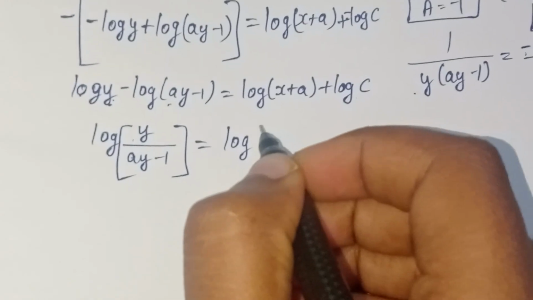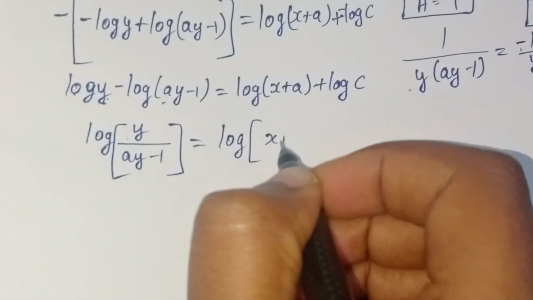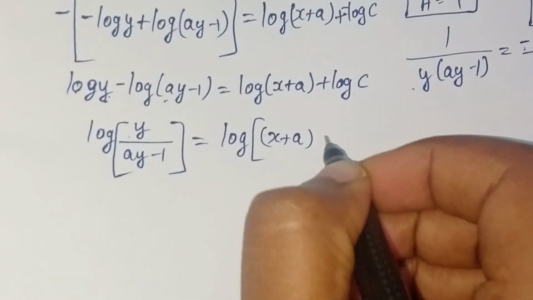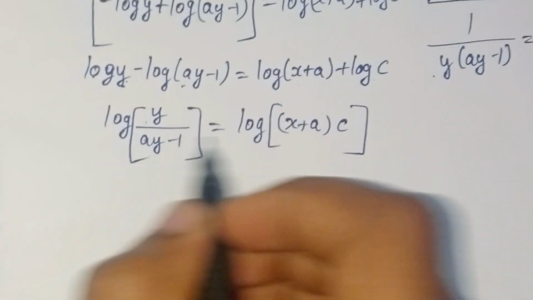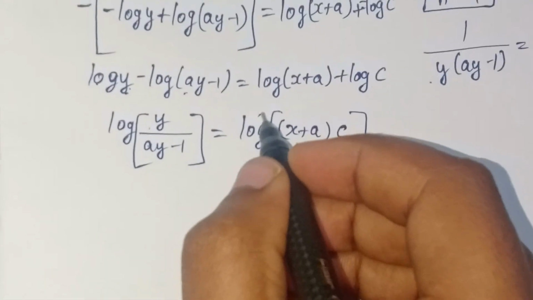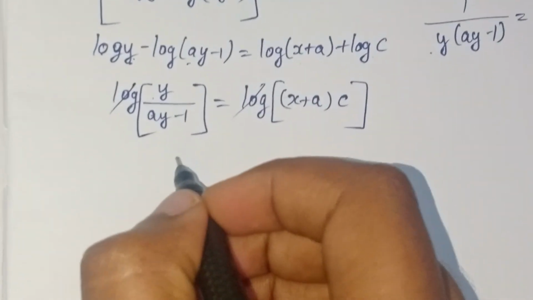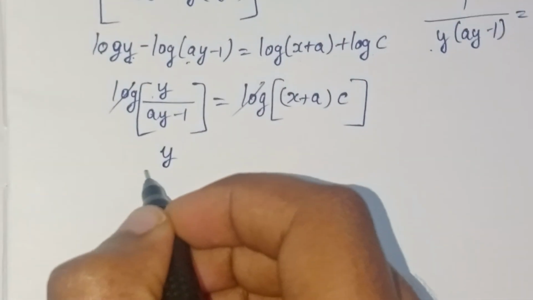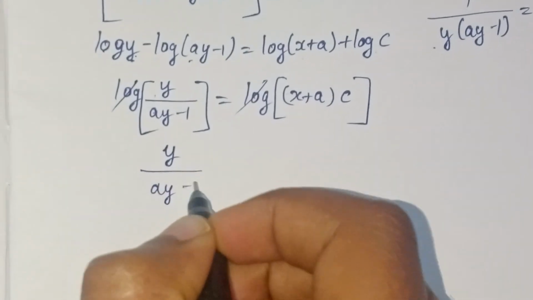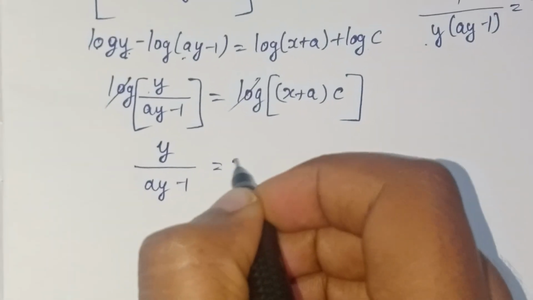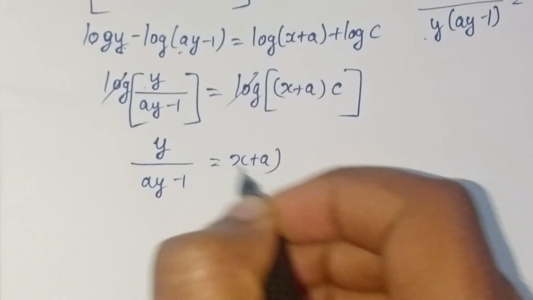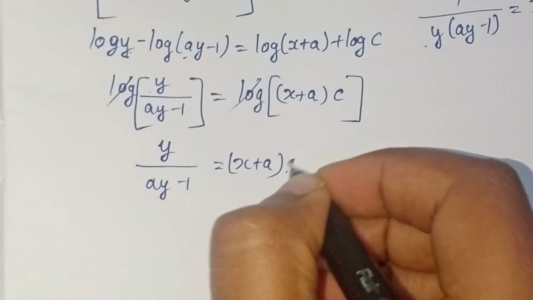Then we write log (x plus a) into c. Here we have log on both sides, so we can cancel the log and we are left with y by (ay minus 1) equals (x plus a) into c.